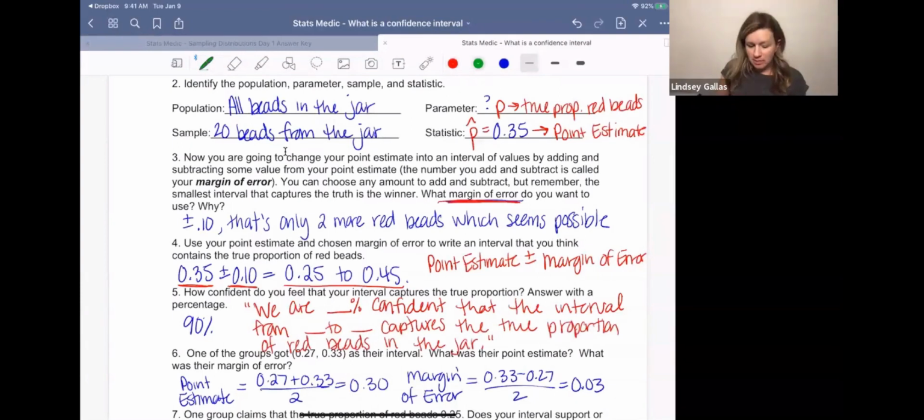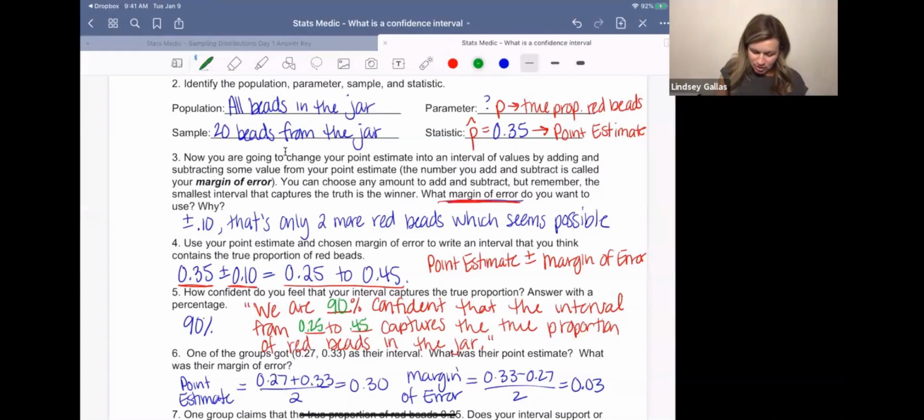Because we have different values, I'm going to fill mine in green. I would say we are 90% confident that the interval from 0.25 to 0.45 captures the true proportion of red beads in the jar. So this is an interpretation of a confidence interval.